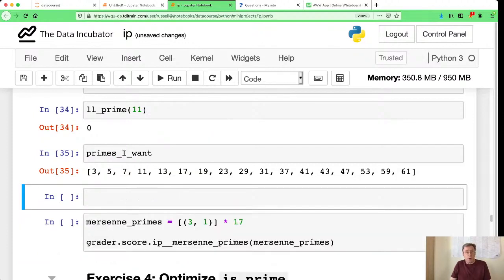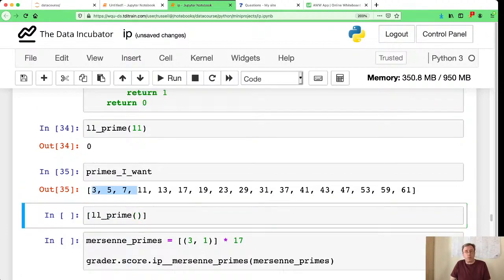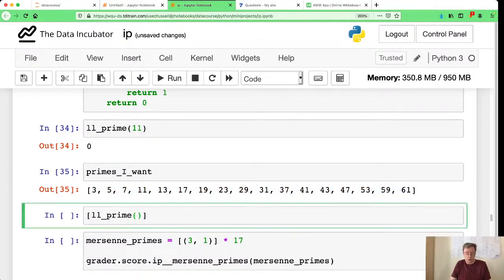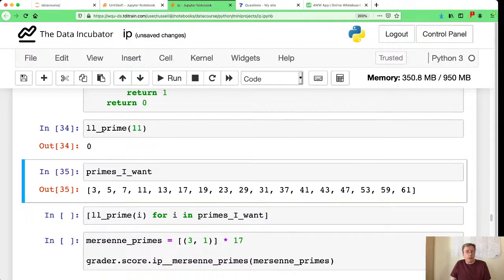What I want to do is, if I create a list comprehension, I say LL prime, I want to check for each of these prime numbers, is the corresponding Mersenne number itself a prime number? For i in primes I want. Right, for the exponent 3, is the corresponding Mersenne number a prime number or not?